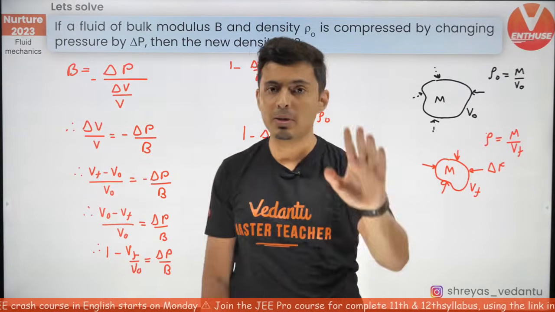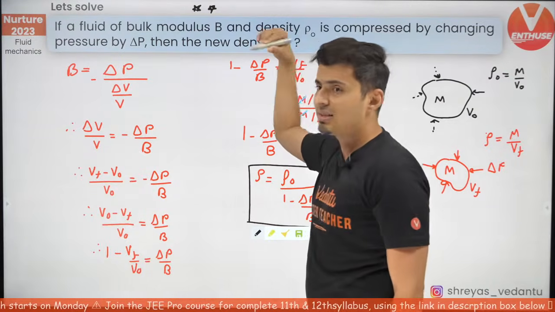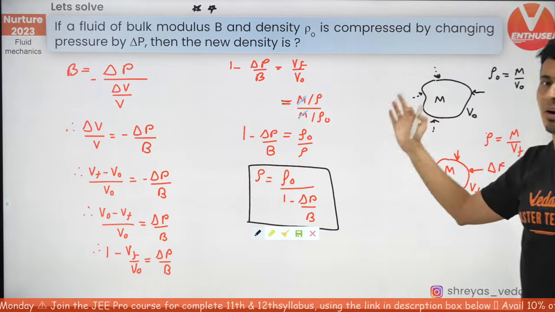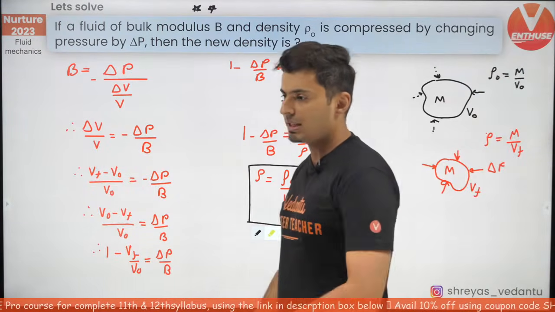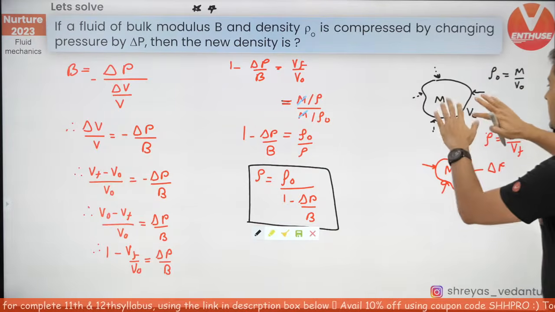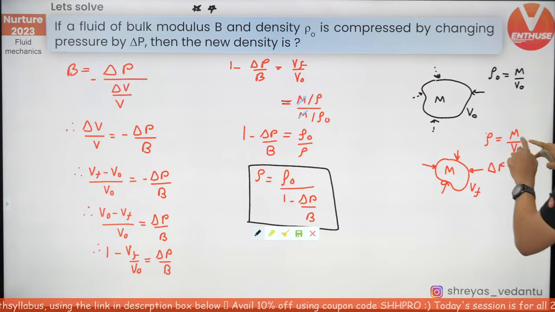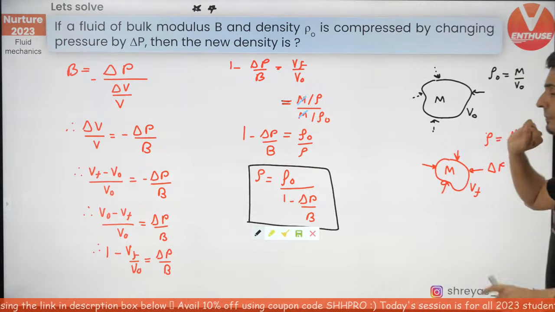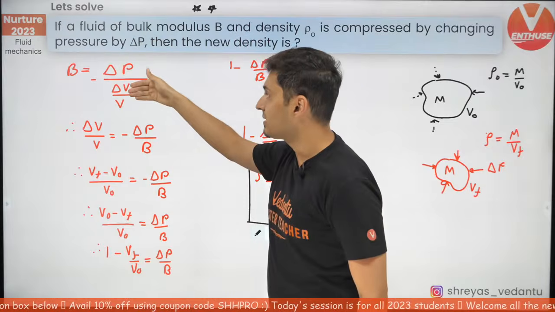Very interesting problem, and it is a very important problem. There were questions in Mains, Advanced, BITSAT so many times on this particular concept. Is that clear? So what we did: initial mass, initial density, initial volume, final mass, final density, final volume. Mass remains the same. Go by the definition of bulk modulus: bulk stress by bulk strain.